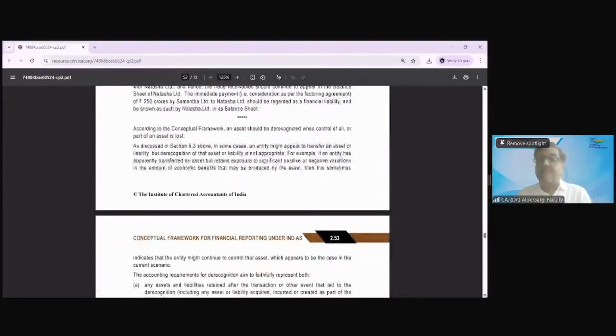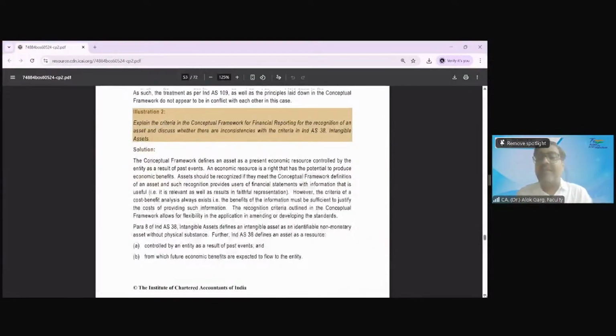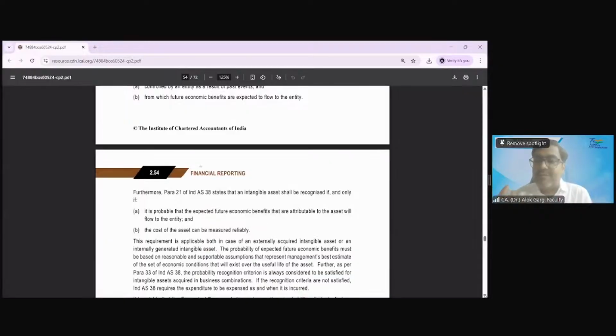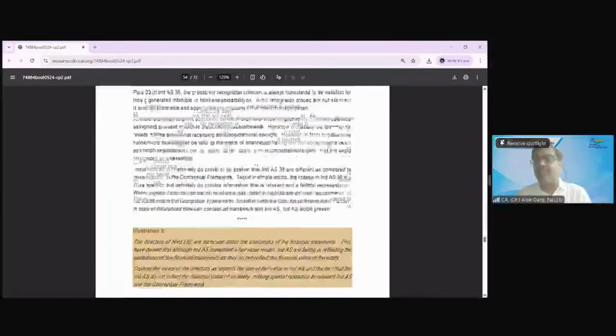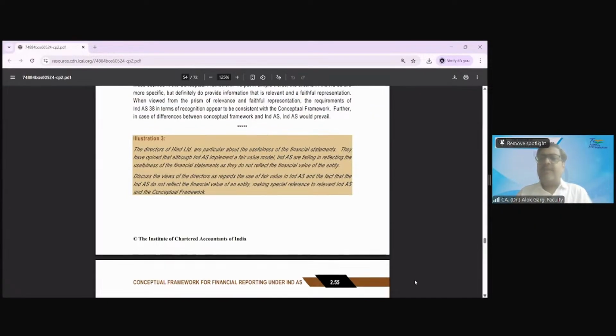Certainty means if you are doing a fair valuation or if you are computing a value in use, the factors which you are determining have to be logical factors. For example, a company was computing value in use. And what is a value in use?